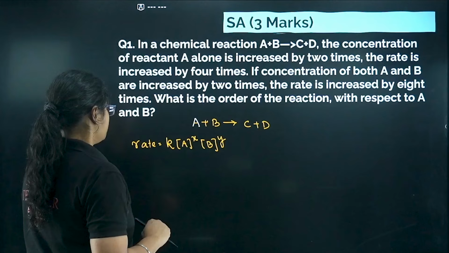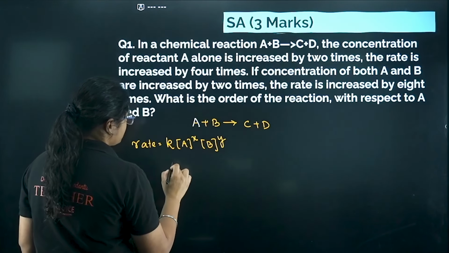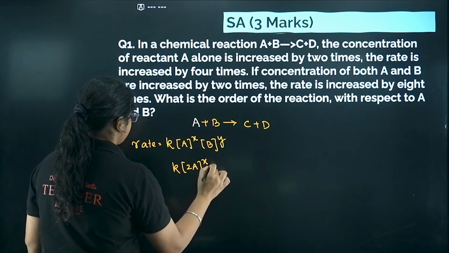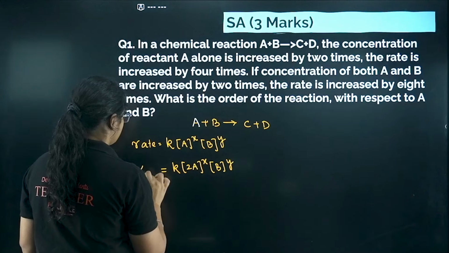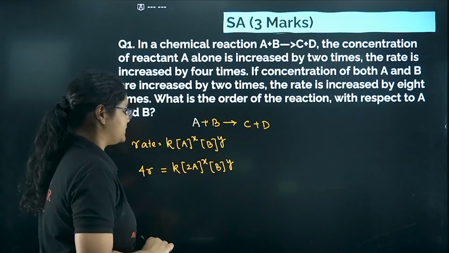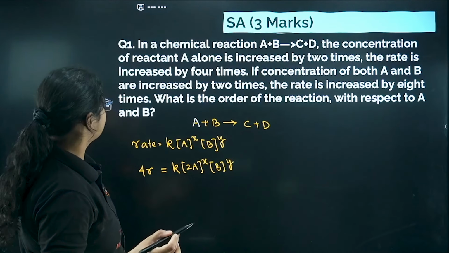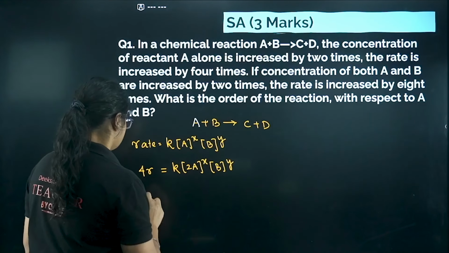So what happens here is, the condition is saying that if the concentration of A is increased by 2 times, then the rate will increase by 4 times. That's the first condition. And if the concentration of A and B both are increased by 2 times, the rate is increased by 8 times. Okay.